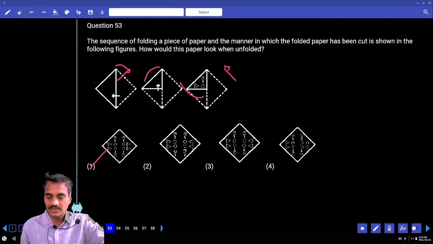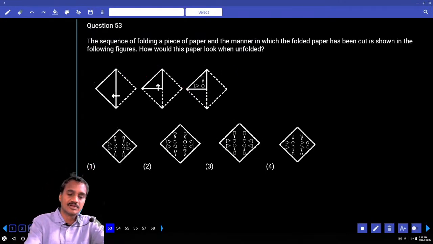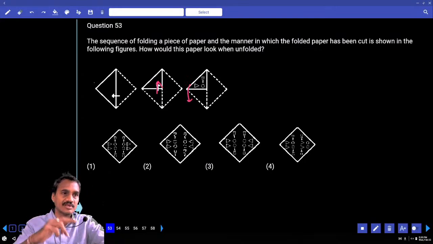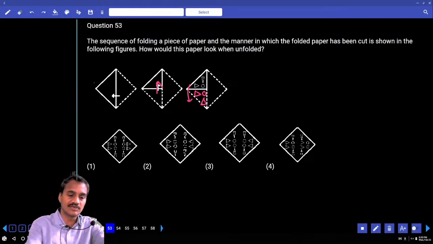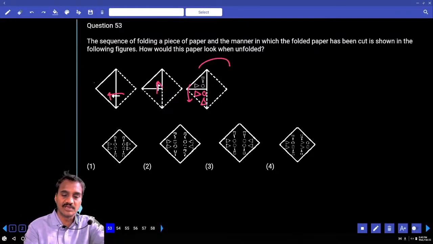Then 53, paper folding and paper cutting. Now from here to here the paper is folded, then it must be open like this, that is vertical. And water image, this triangle will be the same as it is. Now this circle will be as it is, but this triangle will be like this. Now to this one, mirror image. From here to here fold and mirror image, same elements. Now this will be like this.